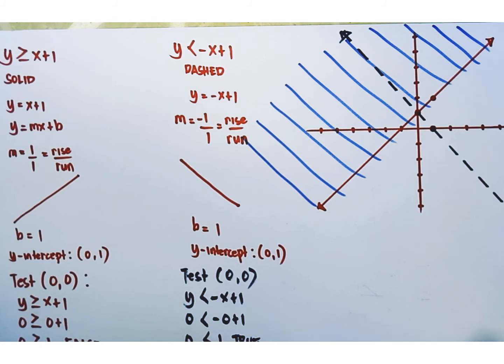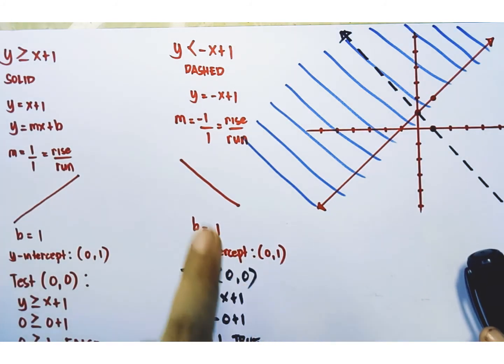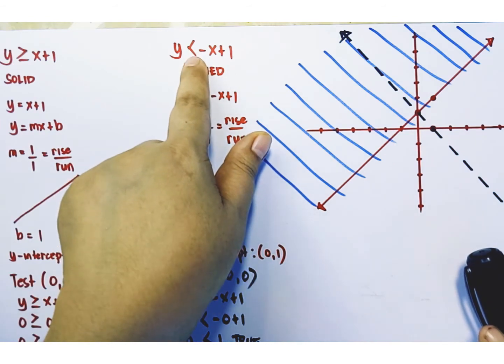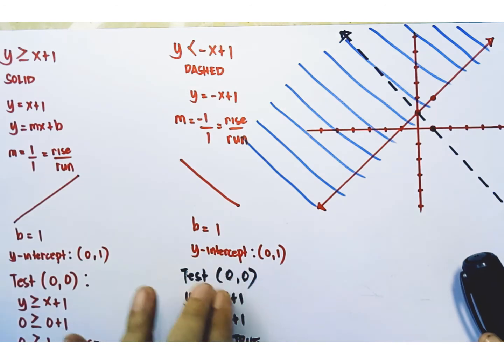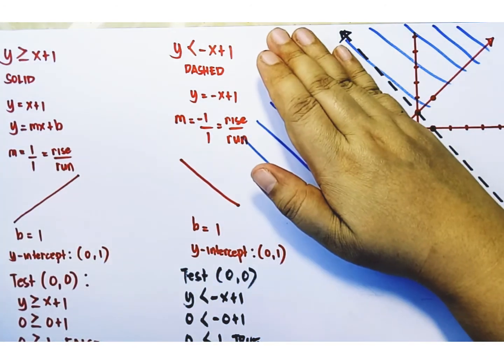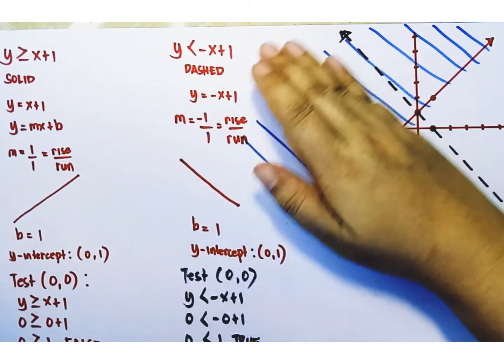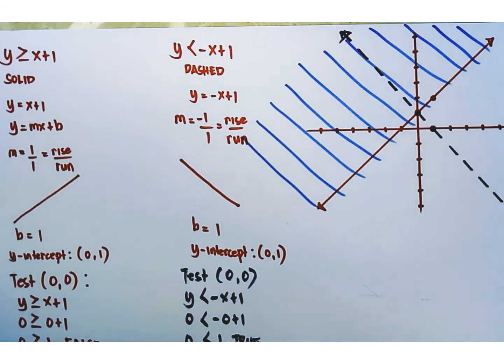If this is a true statement, it only means that our test point satisfies the second inequality, and we should shade the region that contains it. If this is the origin and this is the region that contains it, we have to shade this region, the lower region.